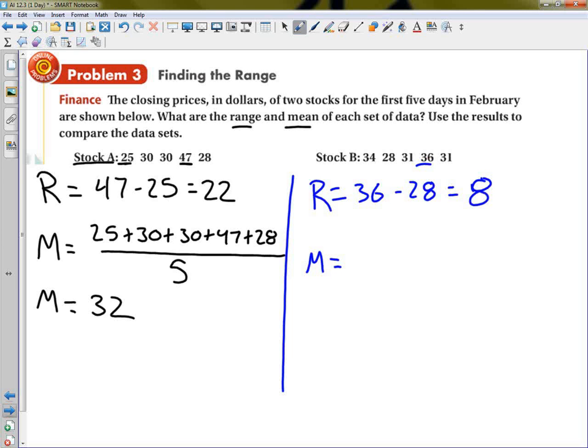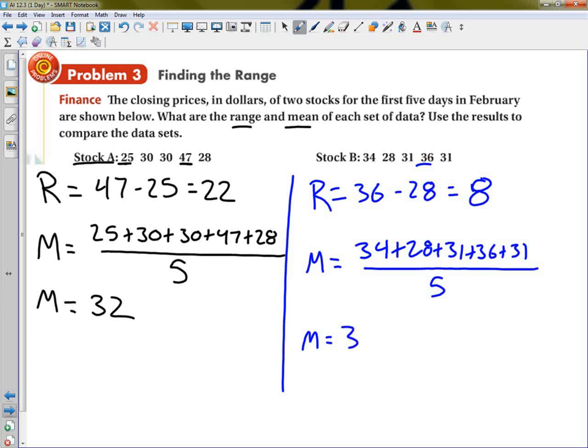My mean, again, is the sum all over the total number of objects. We have 5 days. When I punch these into my calculator, we get 32.